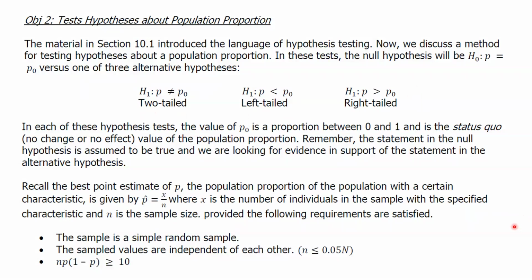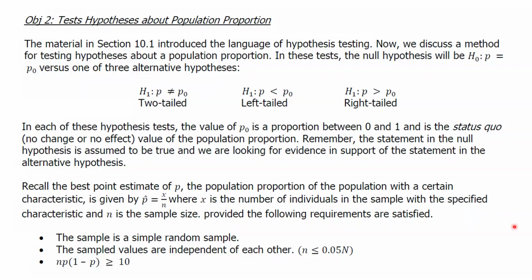Okay. In each of these hypothesis tests, the value of p naught is a proportion between 0 and 1 and is the status quo, so the no change or no effect value of the population proportion. Remember, the statement in the null hypothesis is assumed to be true, and we're looking for evidence in support of the statement in the alternative hypothesis.